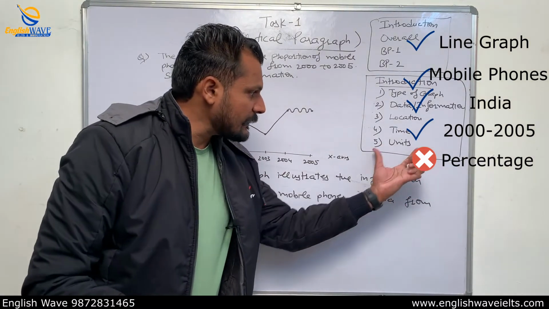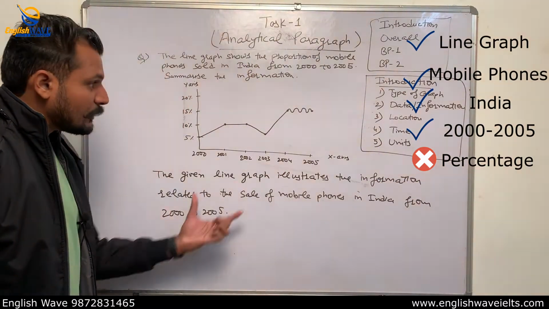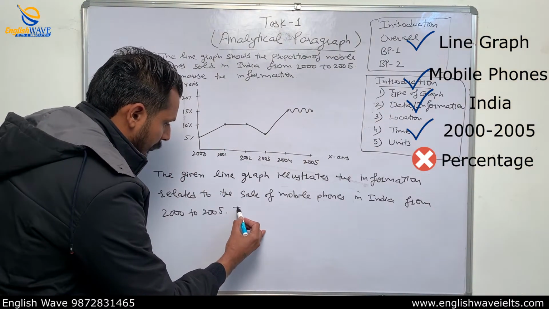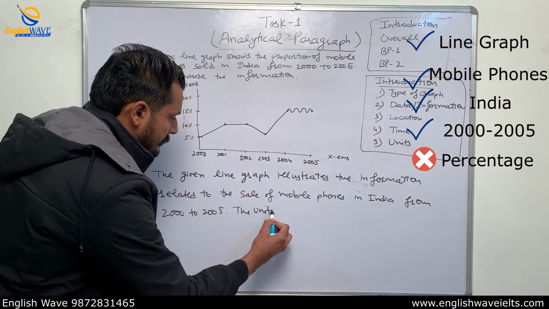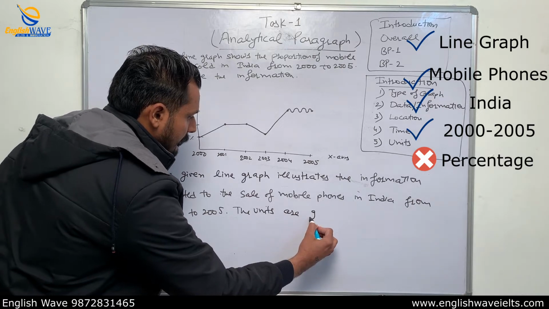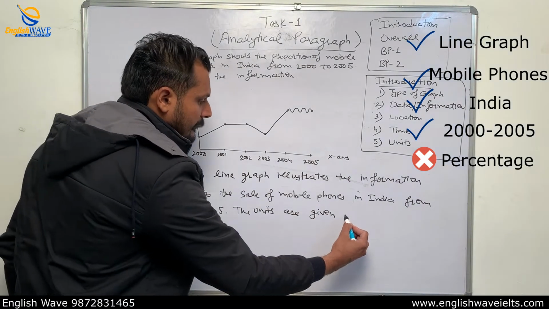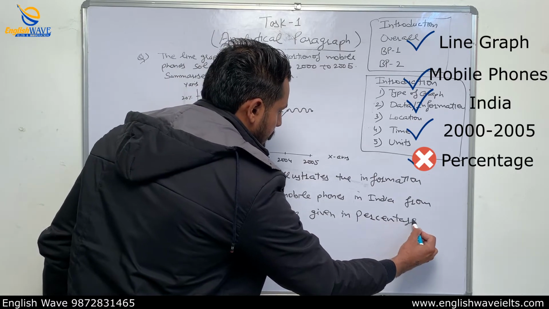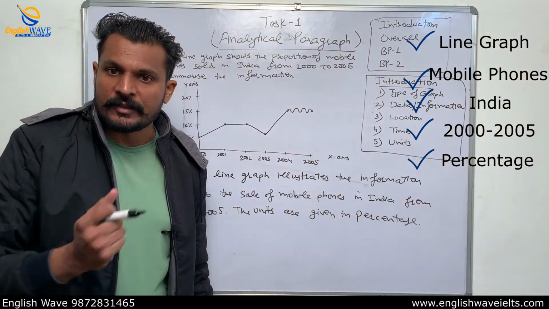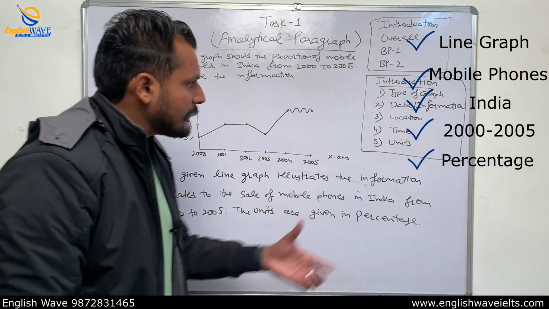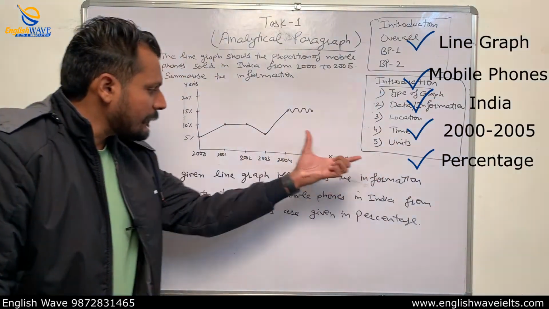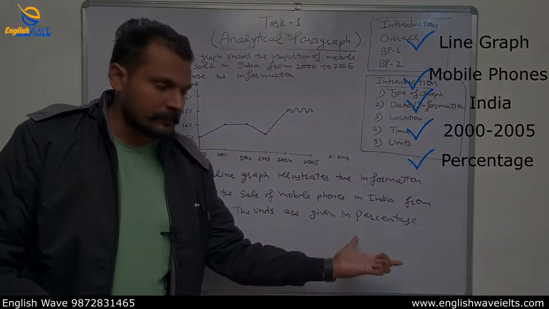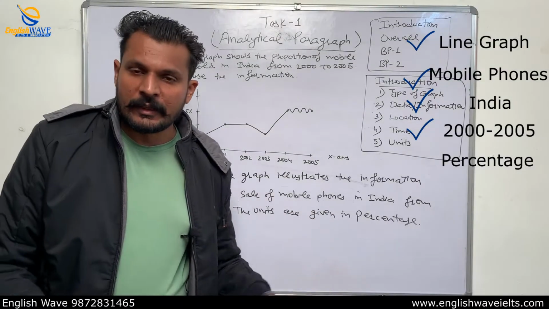This is the fifth thing that we are left with. Units, percentage. How we put the units? The units are given in percentage. And we're done with the introduction part. These are the 5 things we have considered, and we have compiled all these things into tenses. So this is how we have to write the introduction.